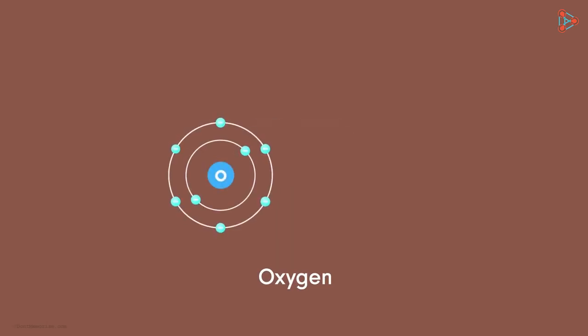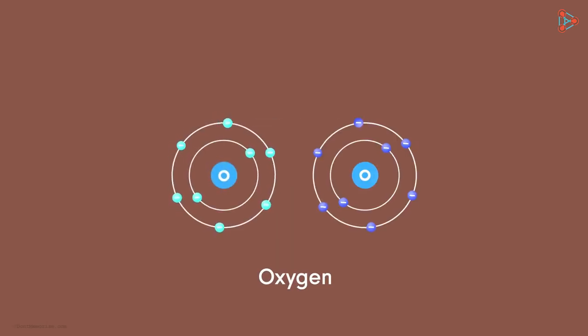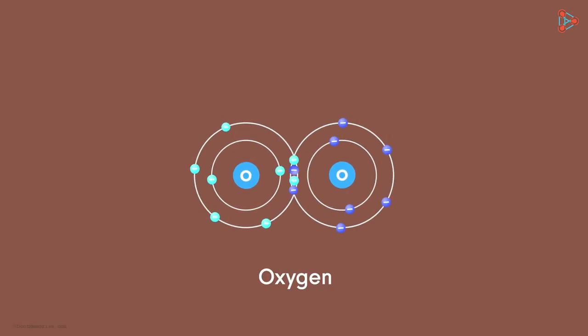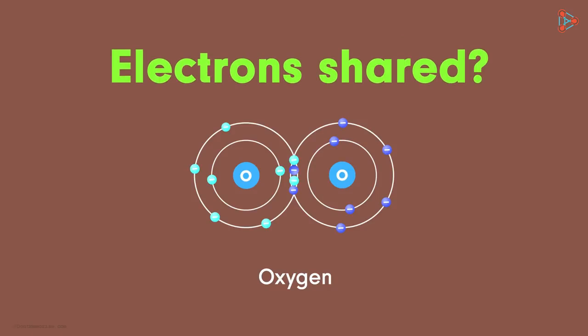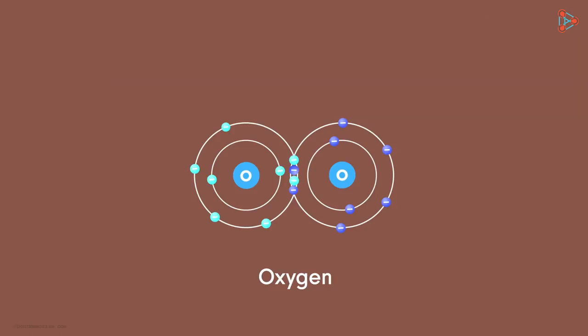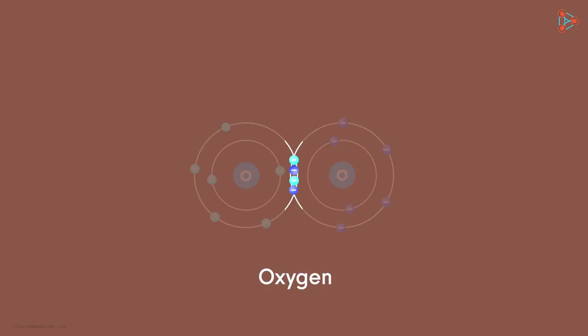That means one oxygen atom forms a bond with other oxygen atom to form a stable molecule. Do you know how many electrons are shared in this bond? What do you notice? There are 4 electrons shared. That means both the oxygen atoms contribute 2 electrons each, thus giving 2 pairs of electrons in the bond formation.